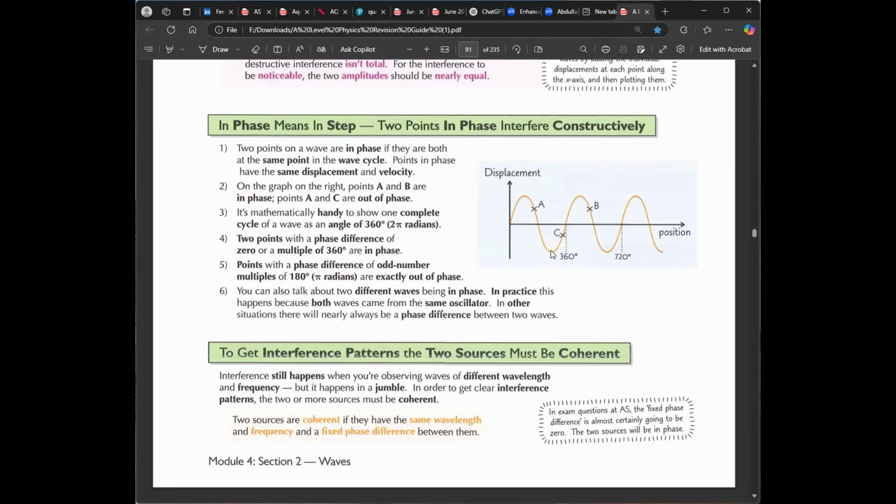This is 270 and this is 360, and it keeps on going. So every 2 pi, it just repeats itself. Whatever the value is here, if you add 2 pi to it, it will go to this value, and basically these two points are in phase. So every 2 pi, the points are in phase.